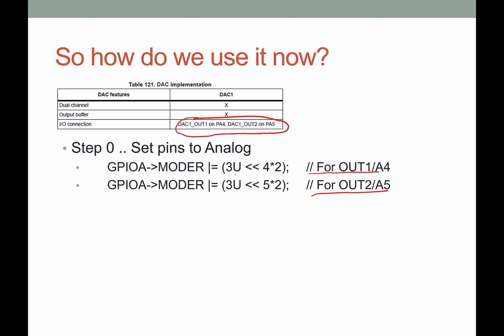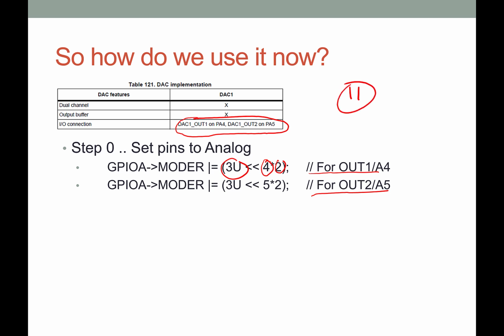We have to put the mode register, and remember that analog mode is 1-1, so that's the 3, and this is moving it over, doing a left shift 4 times for PA4, since it's 2 bits per pin in the mode setup, these 2 bits right here.